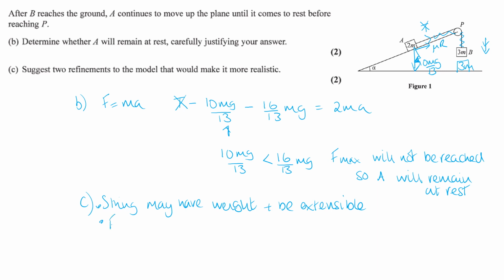We might have friction at the pulley, and we've modelled A and B as particles, but they were blocks, so the blocks may have dimensions. So for 2 marks, you just need to say 2 of those to finish that question.